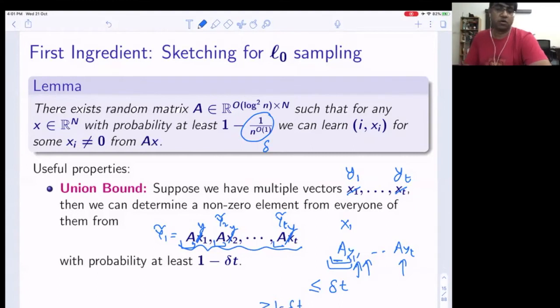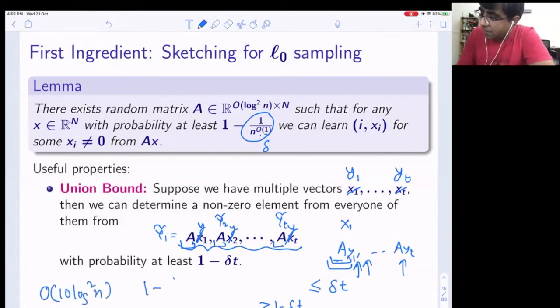This is just the union bound. This big O of 1 will be in our hands. For example, if you take 10 log squared n, then I can make it n to the power 10; if you take 20 log squared n, the success probability can be n to the power 20. The constant depends only on how big a matrix you take, and that is just a constant times log squared.